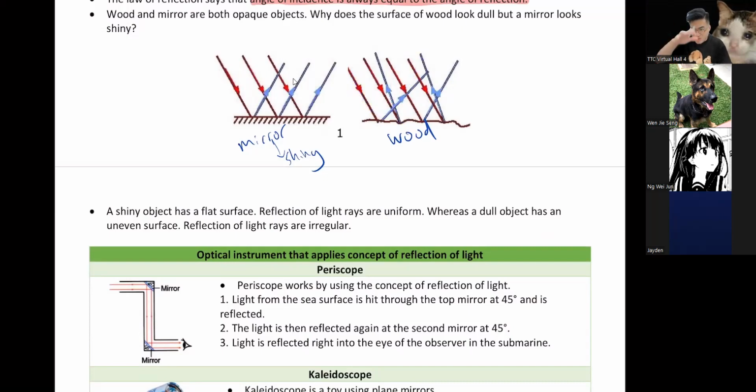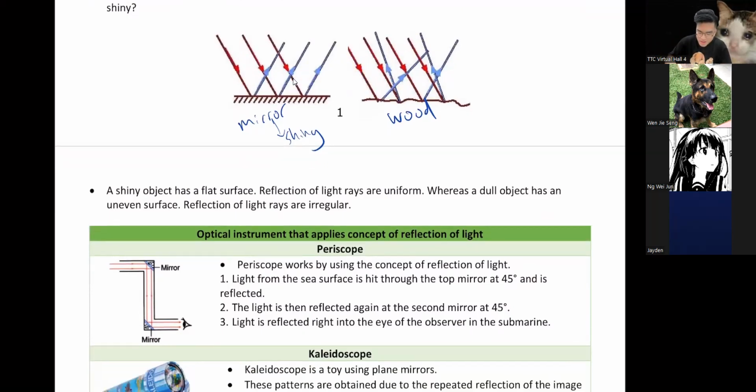So you don't see uniform light ray. So even though you see the reflection, it's not shiny. Whereas a dull object has an uneven surface, bumpy surface, reflection of light rays are irregular. So you see, irregular bouncing. This is regular bouncing, so shiny. Irregular bouncing, so they look dull.